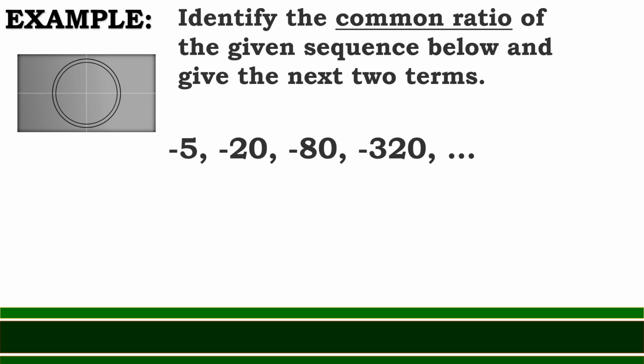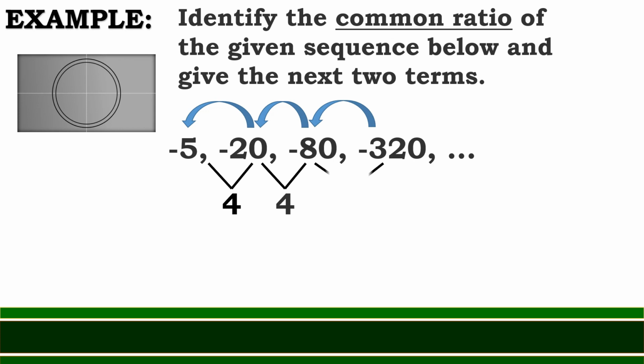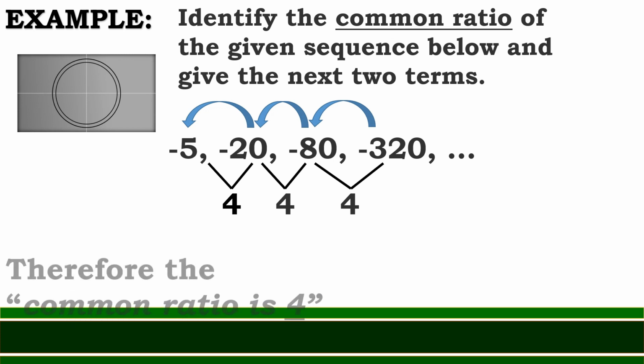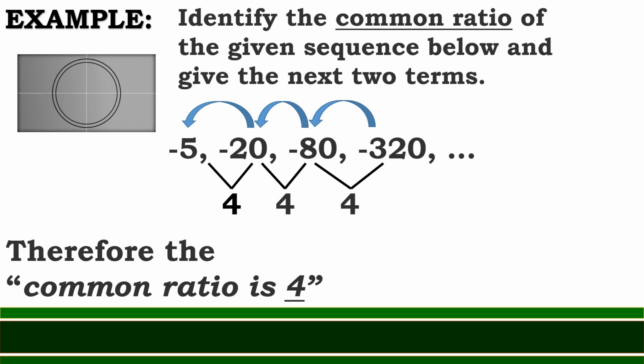Okay, so you have -20 divided by -5 will give you +4. -80 divided by -20 will give you also +4. And -320 divided by -80 is also +4. Okay, so now the common ratio here is +4.